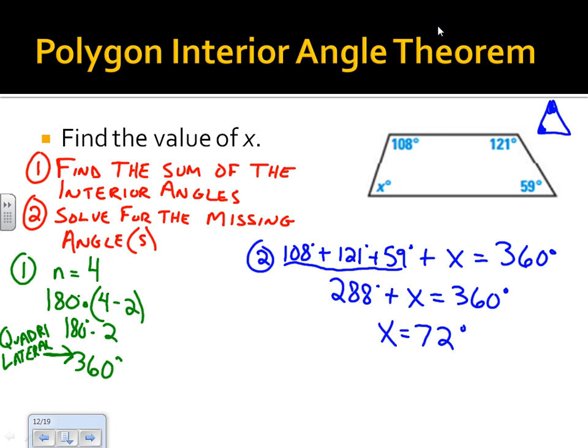Mario? Does it look like 72 could be correct? Need a reason why. Stephanie? So what about the 59? I think you guys are trying too hard.